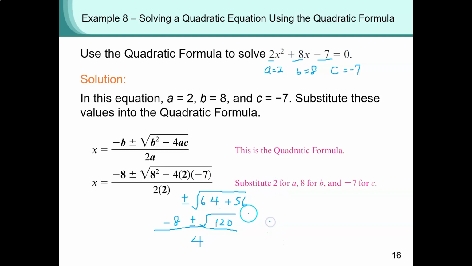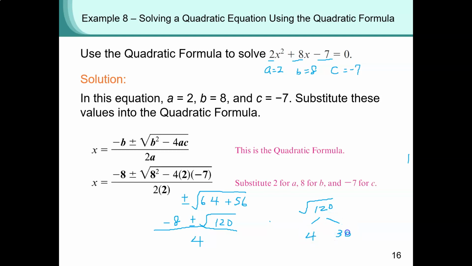Now, most people have difficulty cleaning up the root 120. So for the square root of 120, we are looking for how to split this number into two terms, where one term has the largest perfect square. The only number I can see so far would be, okay, I'm going to start with 4.